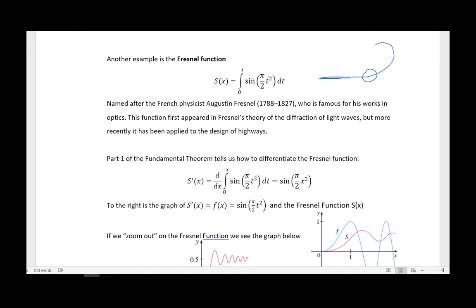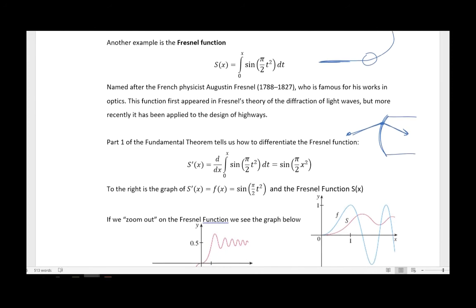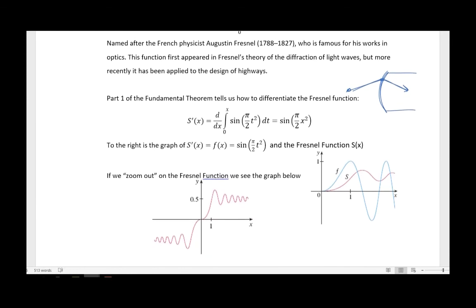The Fresnel function can help us calculate that as well. The Fresnel function also applies if we have a light ray traveling from a source, it's going to hit and diffract to another value inside the lens. Again, I don't want to get too detailed here, but Fresnel's original work was in regards to those optics.